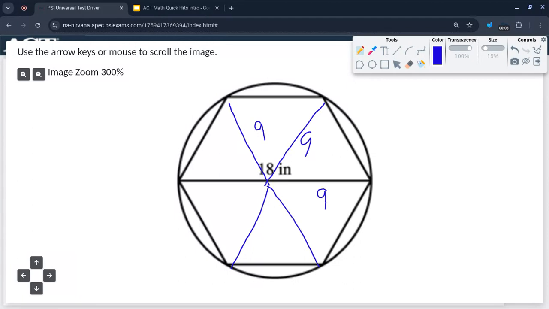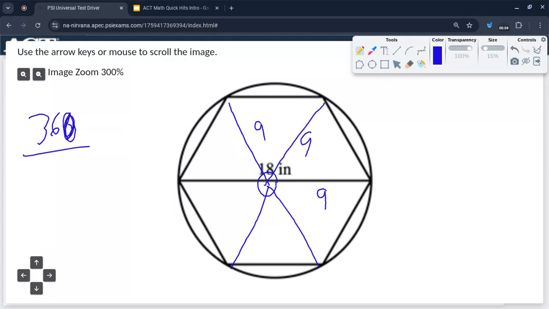So I'm going to focus in on one triangle, this triangle up here in the upper right. And I labeled 2 of the legs to be 9 inches long because of the radius. And then I can use that and the information about a circle. If I go all the way around a circle like that, that's 360 degrees.